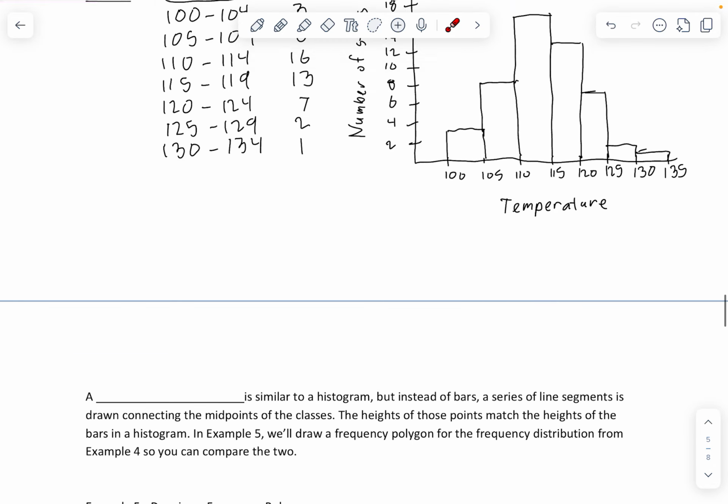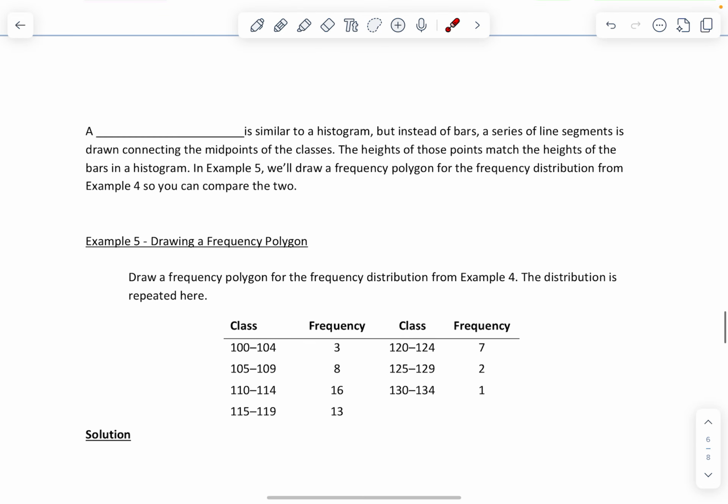Okay, let's move on and talk about frequency polygons. A frequency polygon is similar to a histogram, but instead of bars, a series of line segments is drawn connecting the midpoints of the classes.